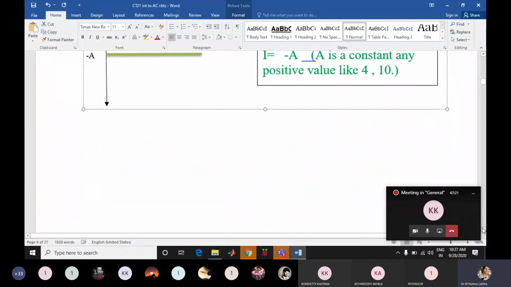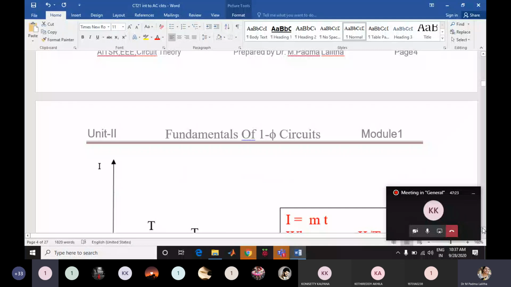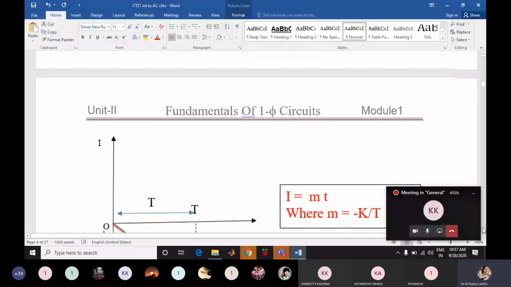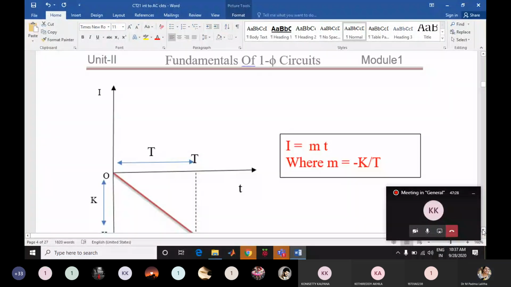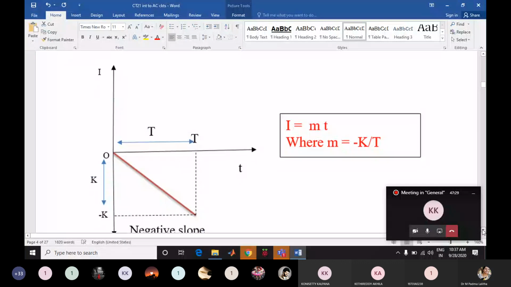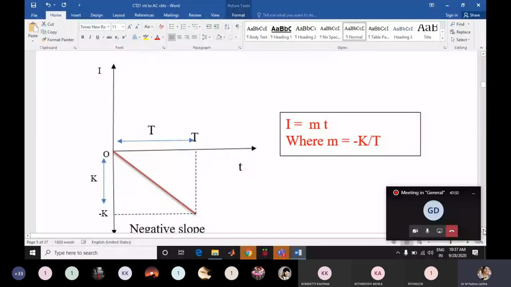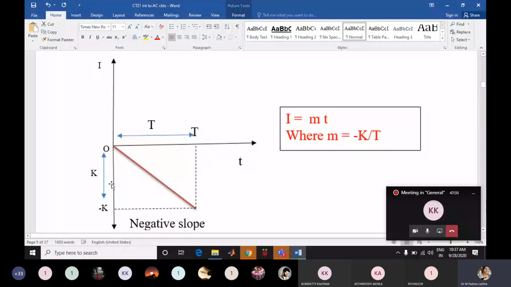Next, coming to the lines passing through the origin. See, this is a line passing through the origin.